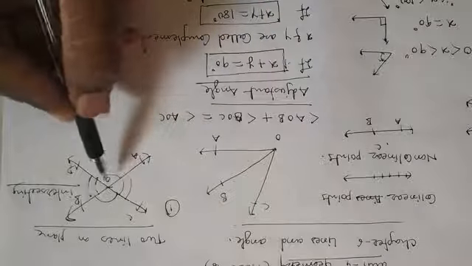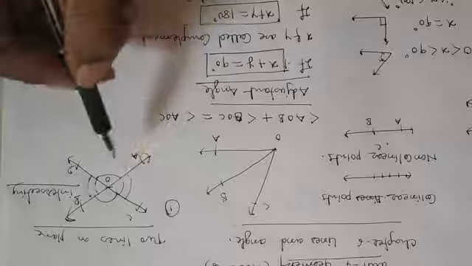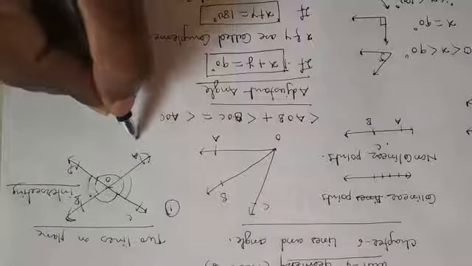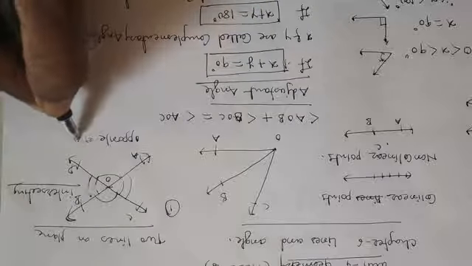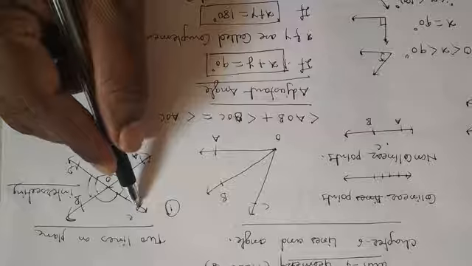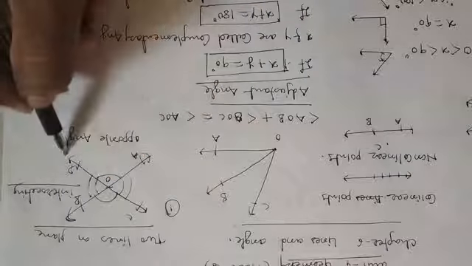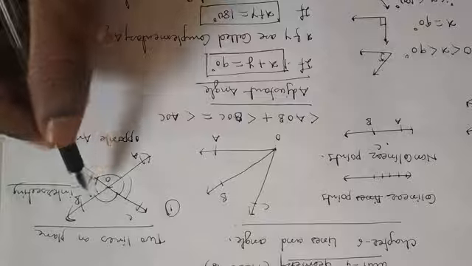These opposite angles are called vertically opposite angles. AOD and BOC, also BOD and AOC, are vertically opposite angles.